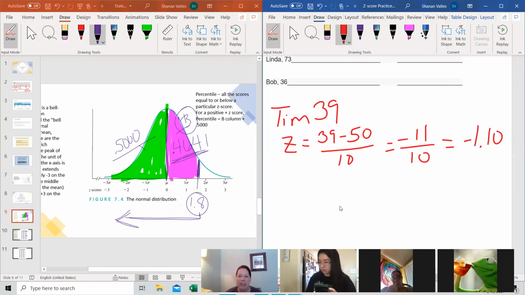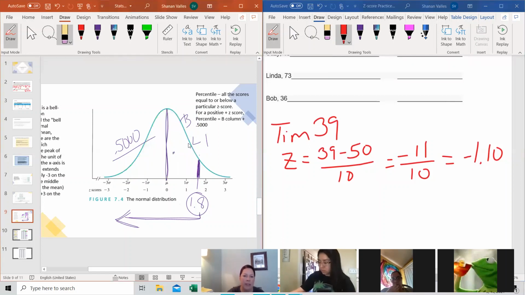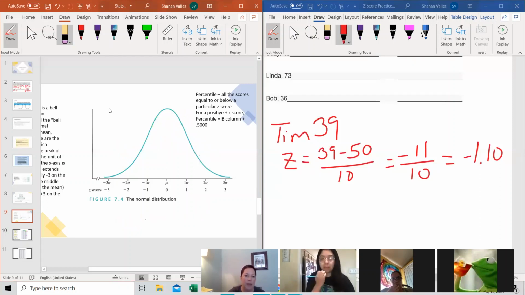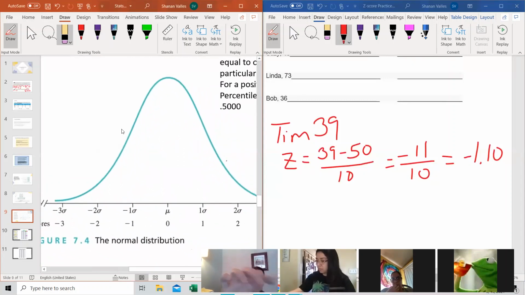Okay, so sorry guys. So a negative 1.10. Tim's z-score is negative 1.10. Let's go through and erase this stuff because we've got to get Tim on here now. So negative 1.10.